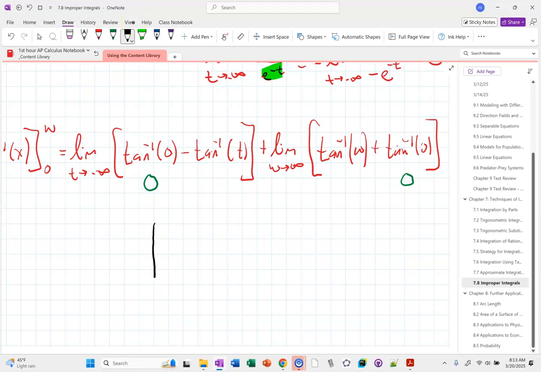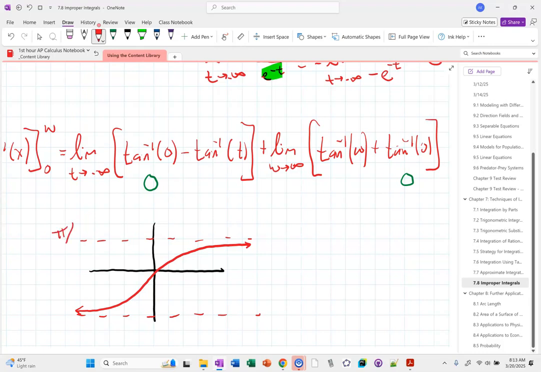Anybody know what the limit as t goes to infinity of tan inverse of t looks like? Do you remember what the graph of tan inverse looks like? Well, that's tangent, right? So tan inverse looks like this. As we go to negative infinity, we're just going to negative pi over 2.